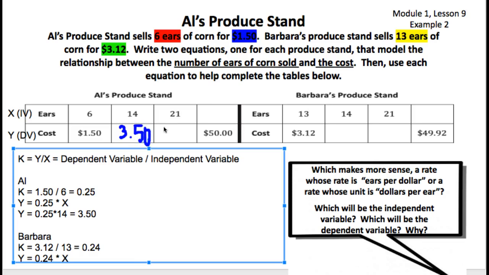For 21, it's 5.25. Now let's take a look. Here we have 200.